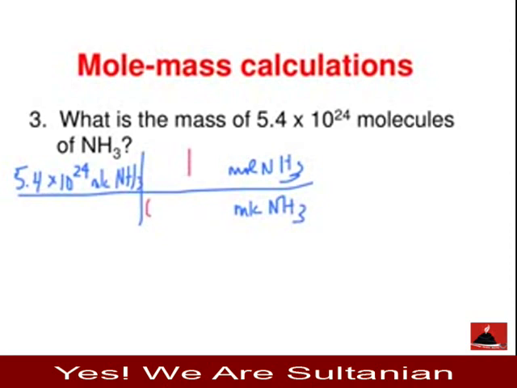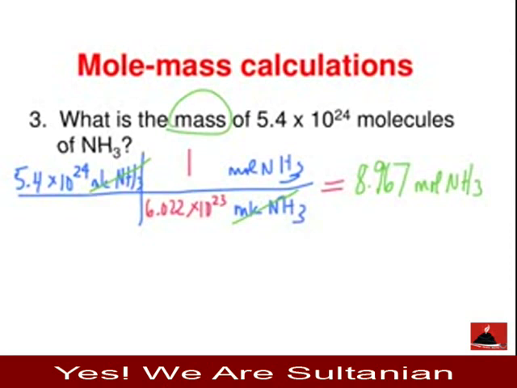Remember, it's 1 mole has this many molecules, Avogadro's number of molecules, not the other way around. So let's do this calculation first. My units for molecules will cancel, leaving me moles, and I get 8.967 moles of ammonia.